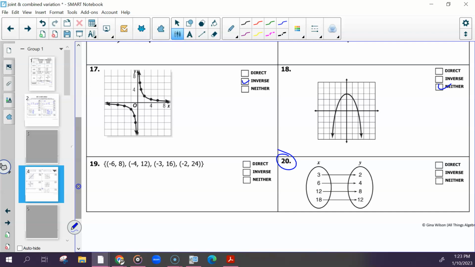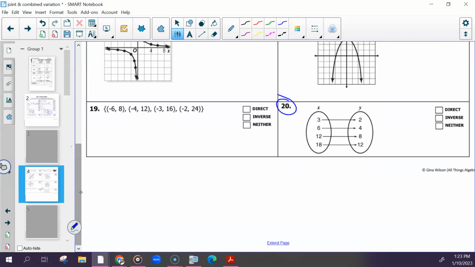One, you need to be able to know how to read this. So this is a mapping where the arrows show what x's and y's go together. So you either have to multiply them or divide them to see if it's direct or inverse. So if we start multiplying, 3 times 2 is 6, 6 times 4 is 24, so it's definitely not multiplying. So let's divide. 2 and 3, 4 and 6, but that would simplify. 8 and 12, but that would simplify.